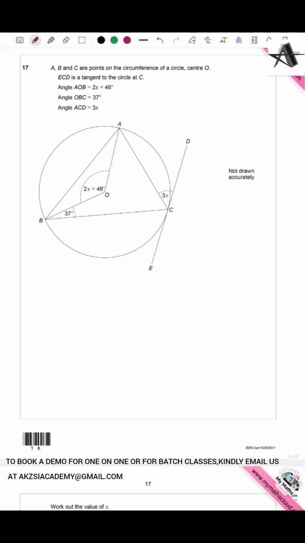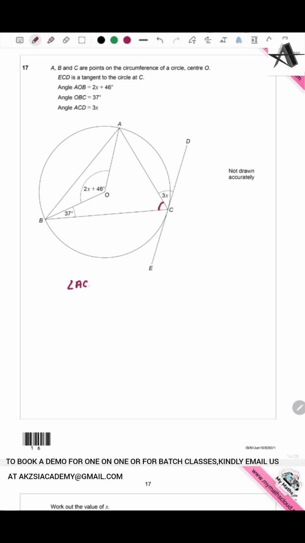Either I can use this bigger triangle for the angle sum property, or this one as well. For this one, we already have one proper angle, while in the bigger one there is no proper angle that I'm aware of. So let me try to find the other two angles in this one, which would be simpler. Let me start with the first one, this one.